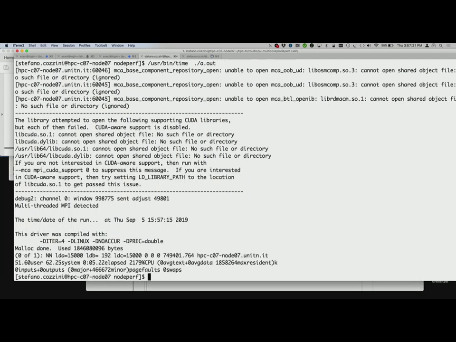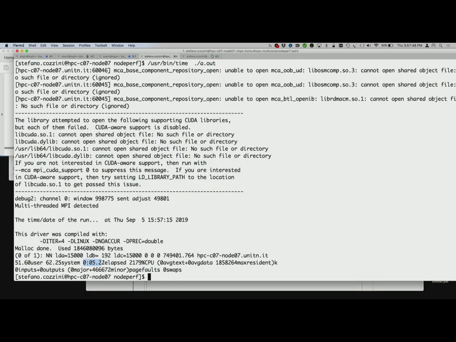I execute the code and I got these numbers. This is the elapsed time, that is 5 seconds and 22 something. So this means that it takes exactly 5 seconds from when I issue the command up to the conclusion of the command.